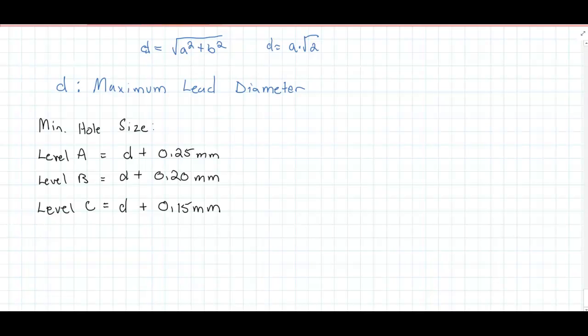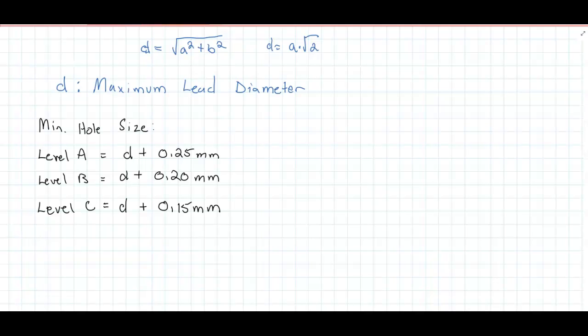The difference between the levels depends on the application it's being used in, and also the quality of the components, because if you're concerned about any kind of variation, we need to know whether the manufacturing of the chips is going to be consistent with the lead diameter and pitches and things like that.